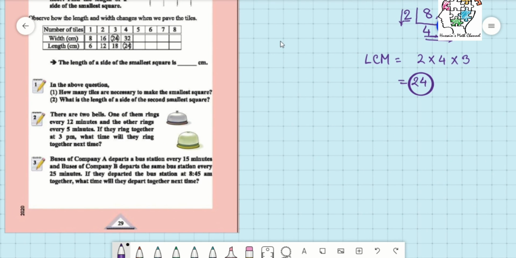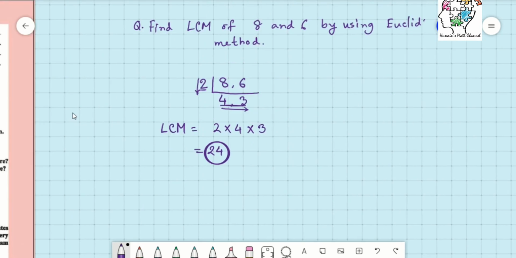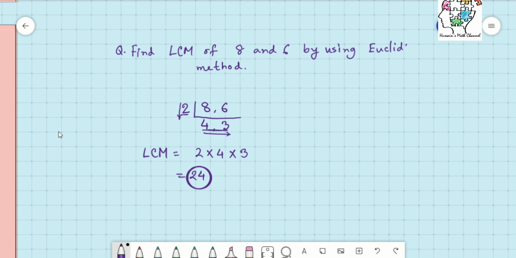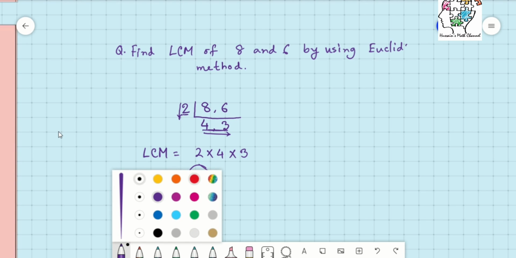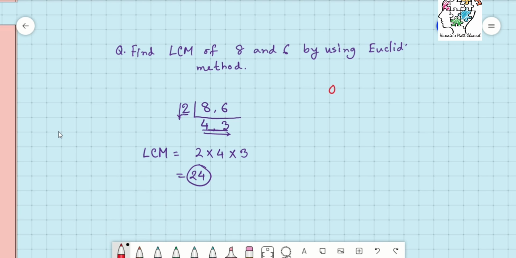Now for another example, let's say we have to find the LCM of 15 and 25. Another question: find the LCM of 15 and 25 in Euclid's method.